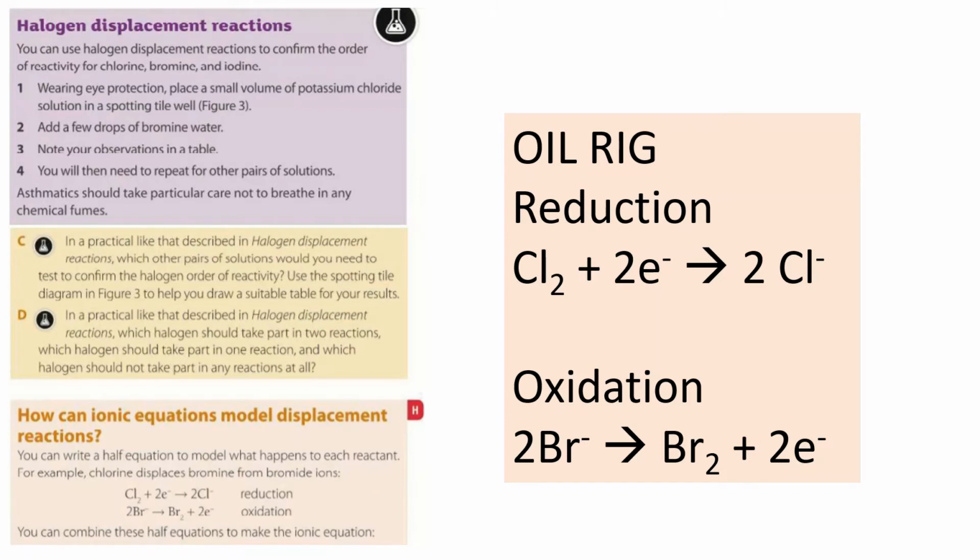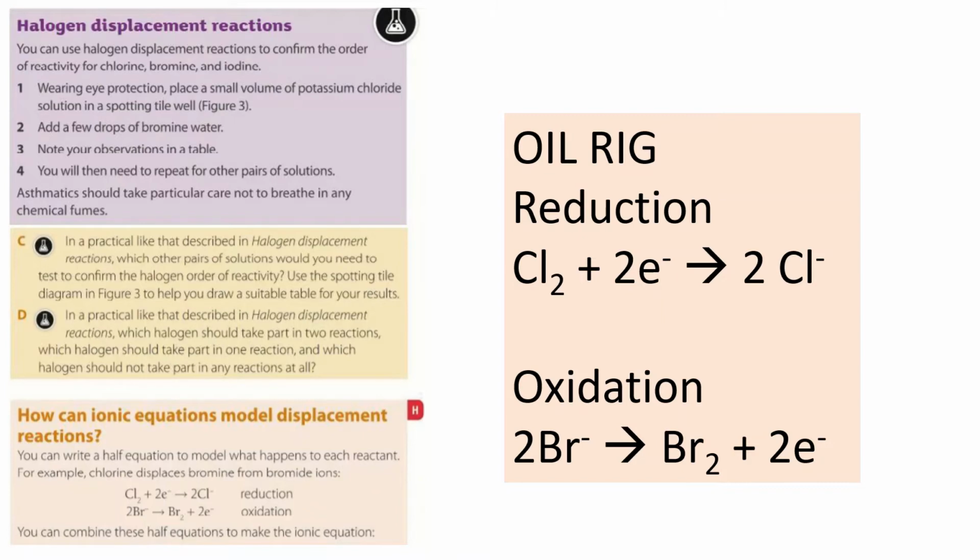So if you have a diatomic chlorine and that gains 2 electrons, remember you need to have a full outer shell. Once it has that full outer shell, then you have 2 separate chloride ions. That's what it means. So it's reduction because it has gained an electron.